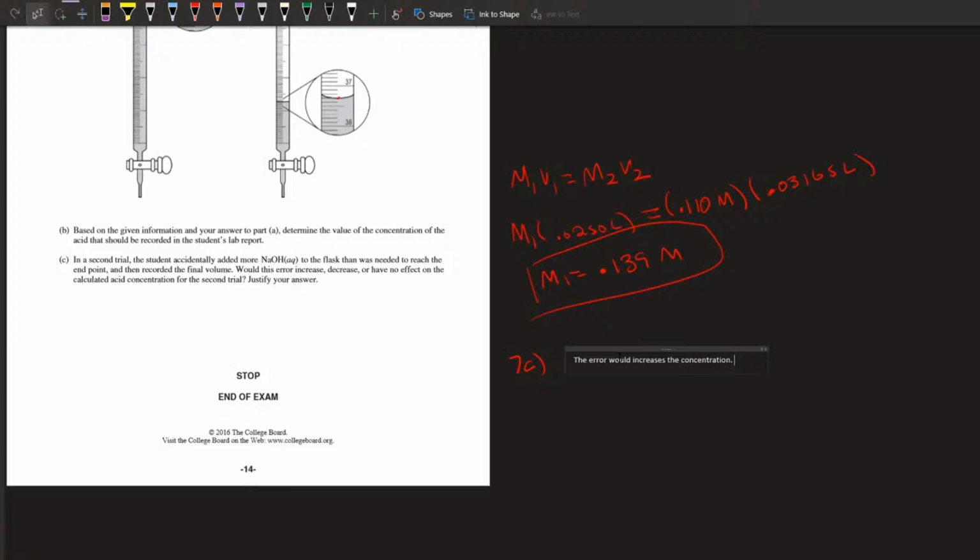So a volume of NaOH larger than the actual volume needed to reach the equivalence point would lead to a calculation of moles of the base that would be greater than the moles of the acid actually present in solution. So if you assumed that the moles of acid are the same as the moles of the base, that would lead to a calculated acid concentration that would be higher than the actual concentration. So that's just wrong.